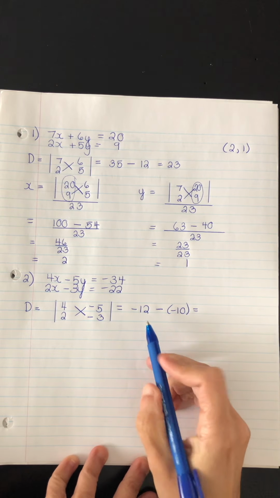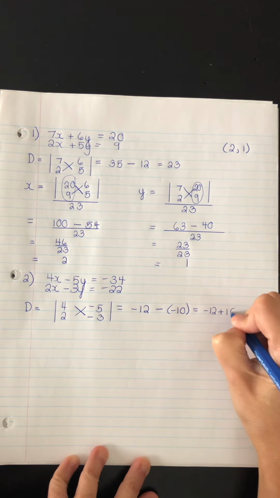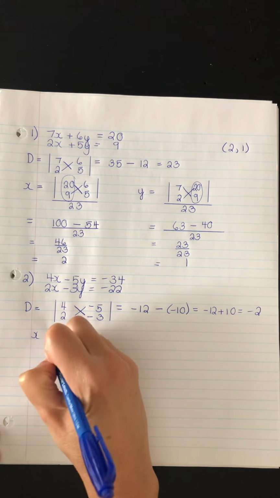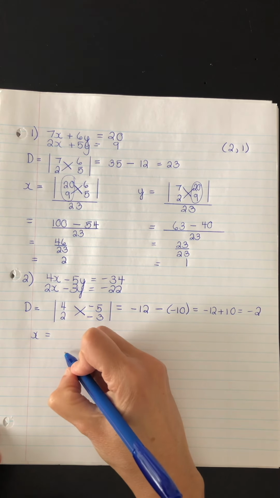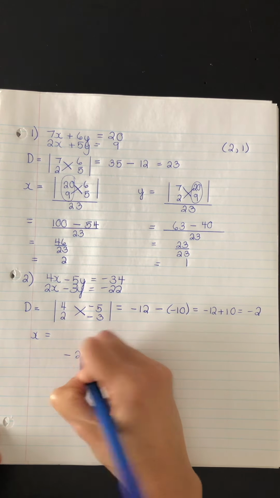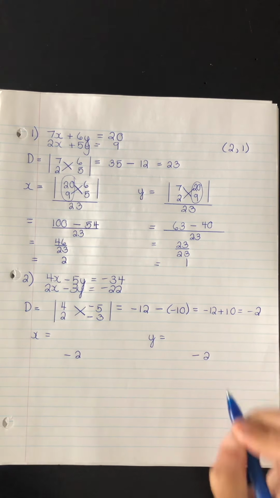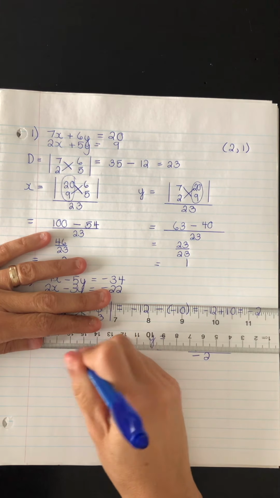Well, now that's just -12 plus 10, or -2. So -2 is going to be that denominator when we solve for x and when we solve for y.